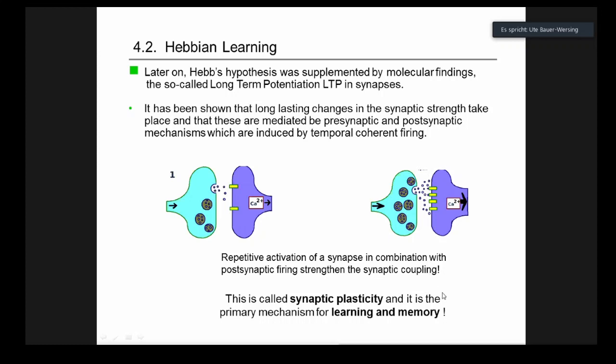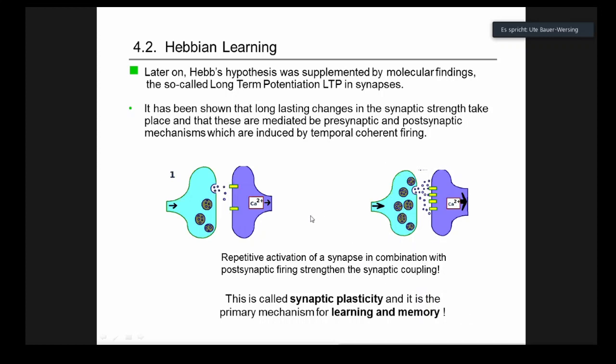So the synapses in the brain change their strengths. This is called synaptic plasticity. And today it's known to be the primary mechanism for learning and memory in the brain. This long-term potentiation of synapses is how we really learn things long-term, and how this is implemented in the brain.